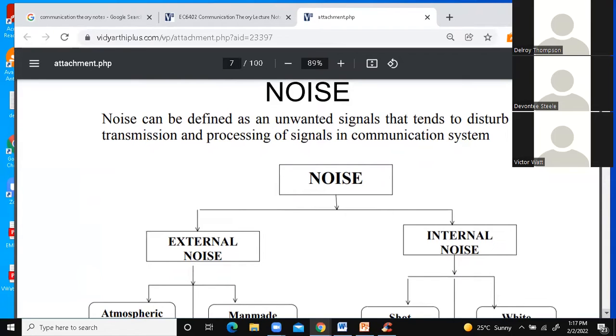Noise is the unwanted signal that tends to disturb the transmission and processing of signals in a communication system. We classify two types of noise. Internal noise that is generated within the system, and external noise.